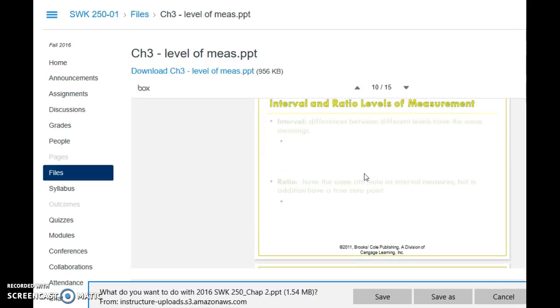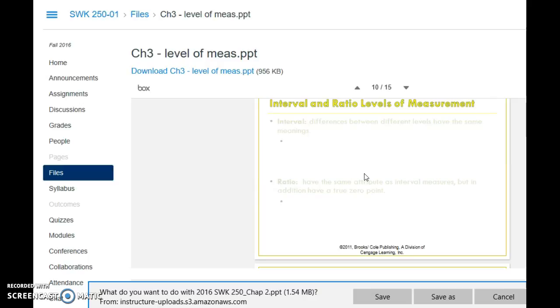Let me say one other thing with interval level data. It tells that there's a difference. If someone said they were 22 years old and the next respondent gave their age as 24, with just those two numbers you know that one is more than the other, and you know exactly by how much more.